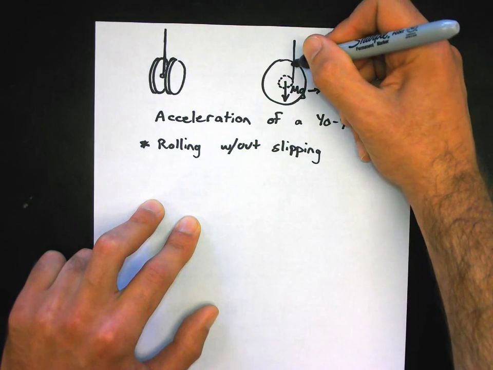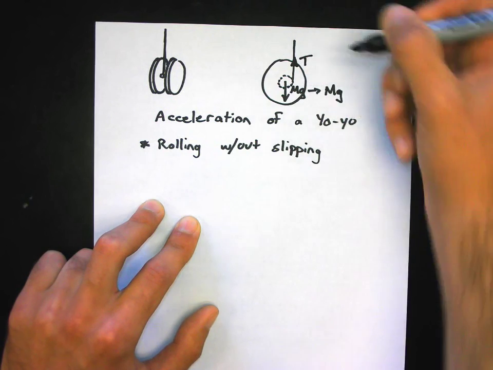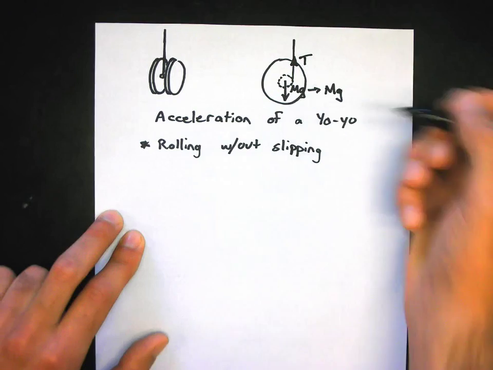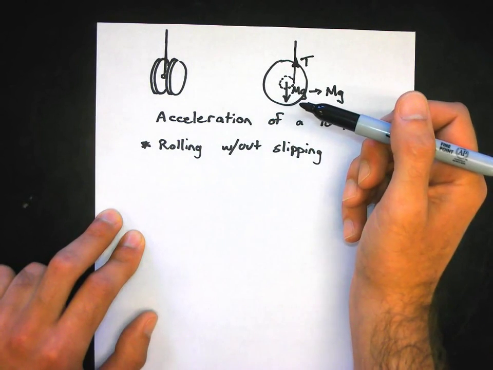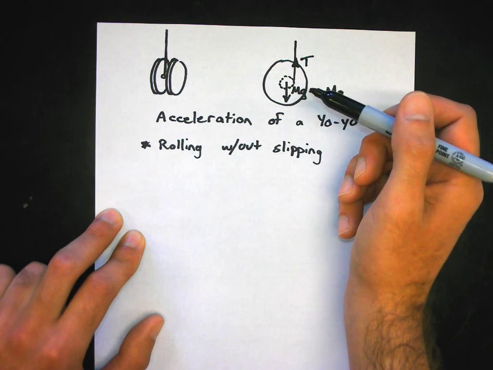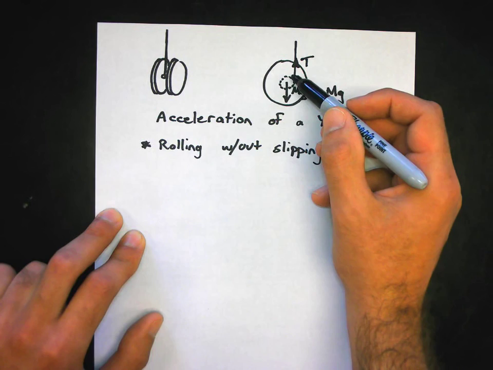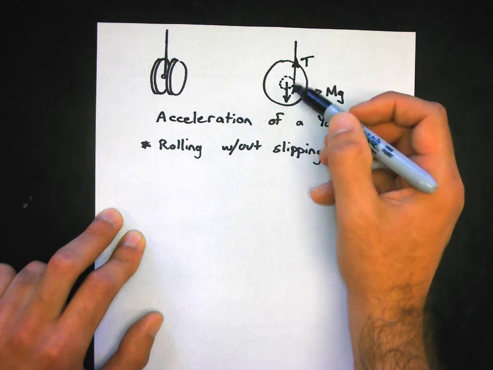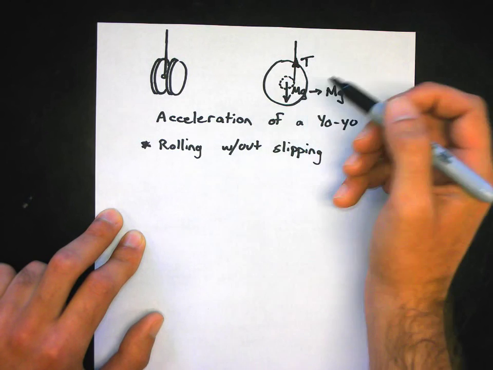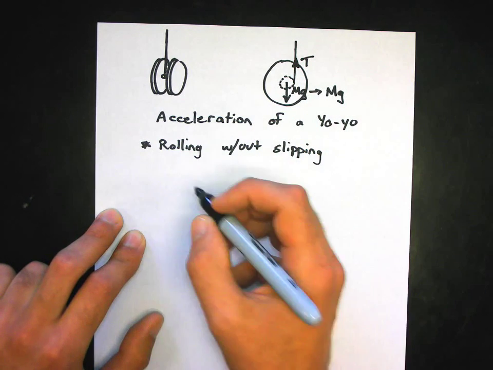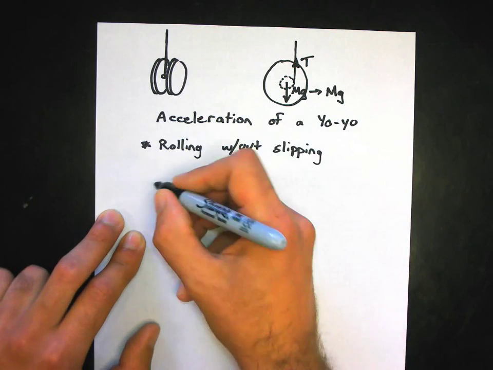So we can say that there's some force pulling it up, and we call that force tension. And we can see that those should be the only two forces acting on this yo-yo, neglecting air friction and friction along the string. And we're also assuming that the string has a negligible mass. So this will be an ideal yo-yo.